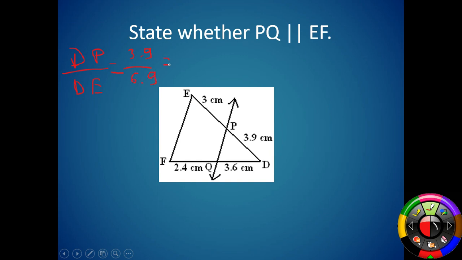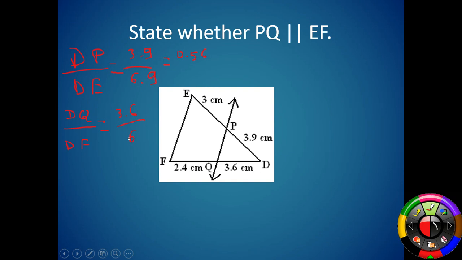If I take my calculator and do 3.9 divided by 6.9, I will have approximately 0.56. Then I'll do it from the other side, DQ over DF. 3.6 over DF, which is 3.6 plus 2.4, and it's 6.